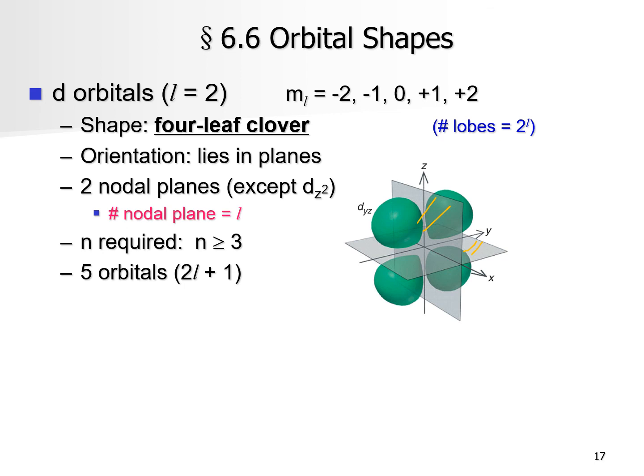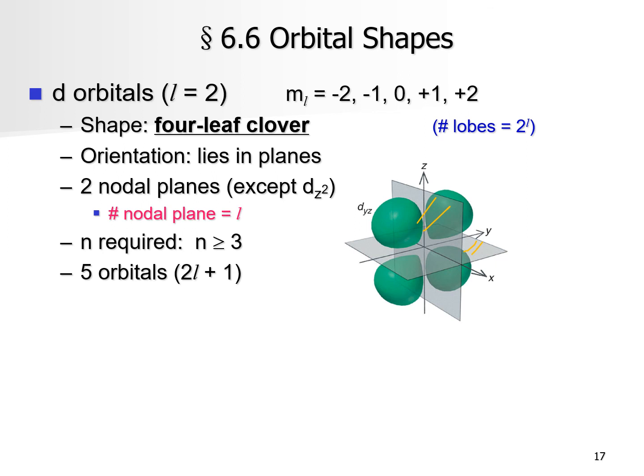As a matter of fact, 4 out of 5 lie in a plane, and even for the fifth, part of the orbital still lies in the plane. And there are two nodal planes, and again, the number of nodal planes equals L itself, like we just explained for the s orbitals.